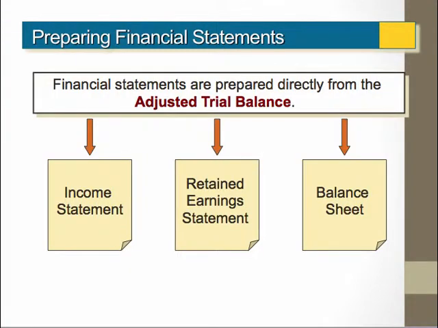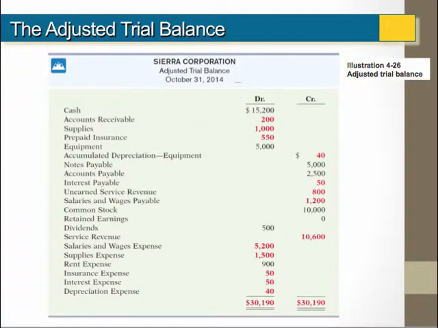Once we've created the adjusted trial balance, we can then create the income statement, retained earnings statement, and the balance sheet. We can do that by going back and looking at that adjusted trial balance and noting that the accounts are in an order that we could use to determine the financial statements. Notice cash is on top all the way through to the accumulated depreciation account, and those would be all our assets.